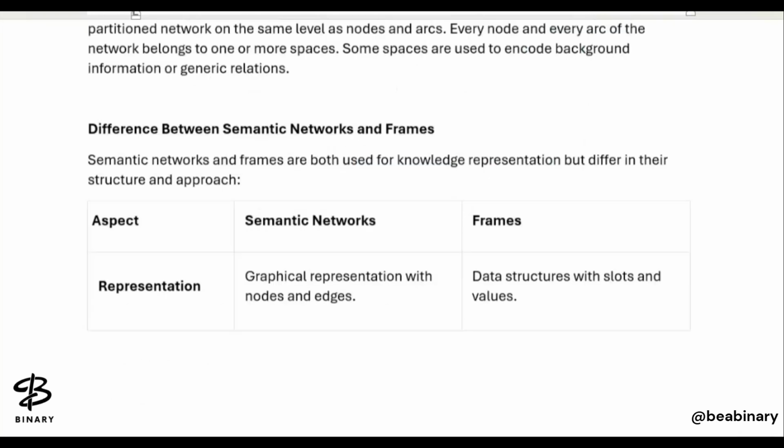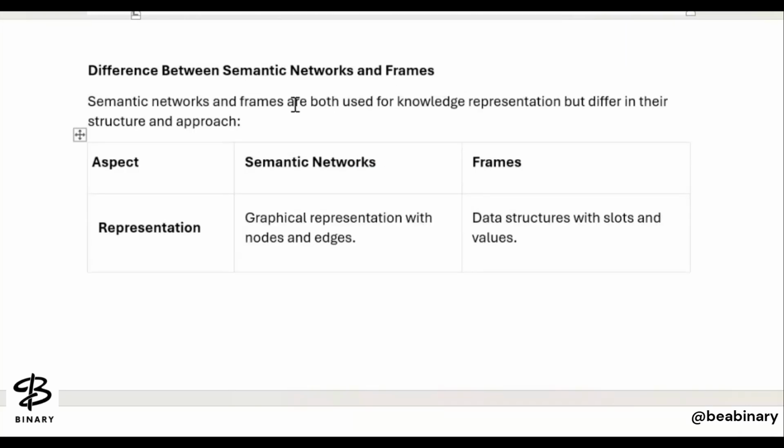And now, because we have completely understood the frame-based representation and the semantic network-based representation, what is the difference between the two? Semantic networks and frames are both used for knowledge representation, but they are different in their structure and approach, and both are structural representations.